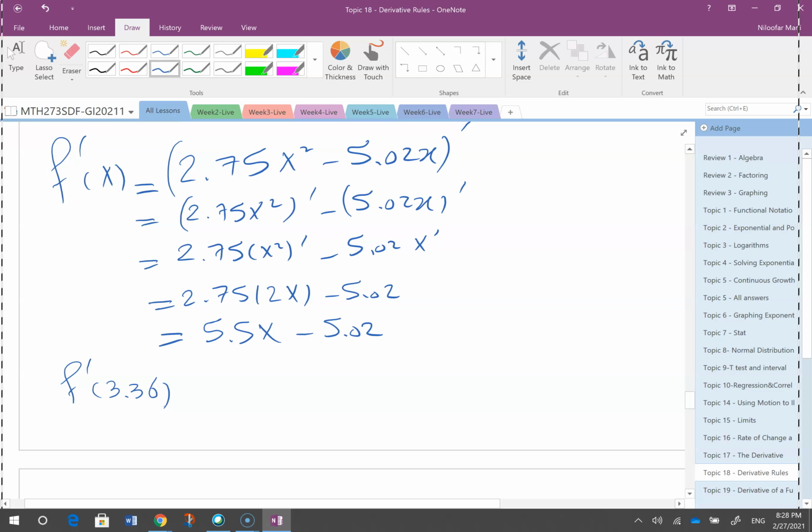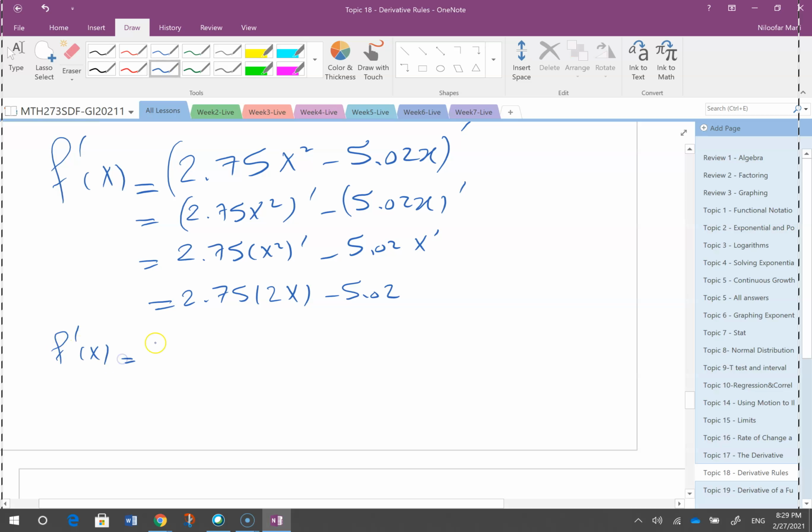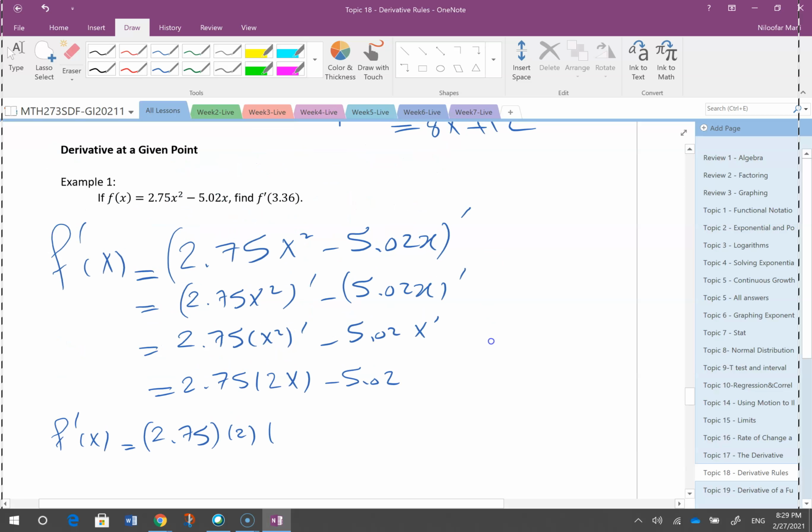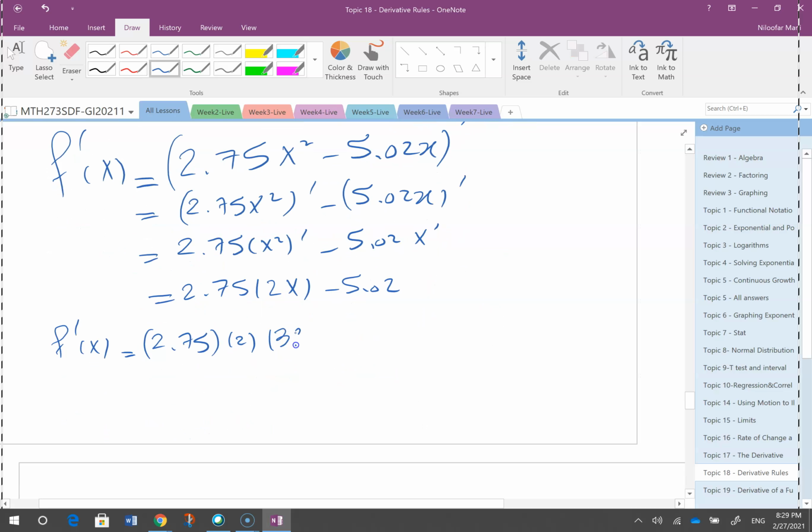So the answer is, maybe here that I have to substitute the number, I can show it this way. So I can keep that here. Then I can say, what is f prime at that? f prime x is 2.75 multiplied by 2 multiplied by, what was the number? 3.36 minus that.